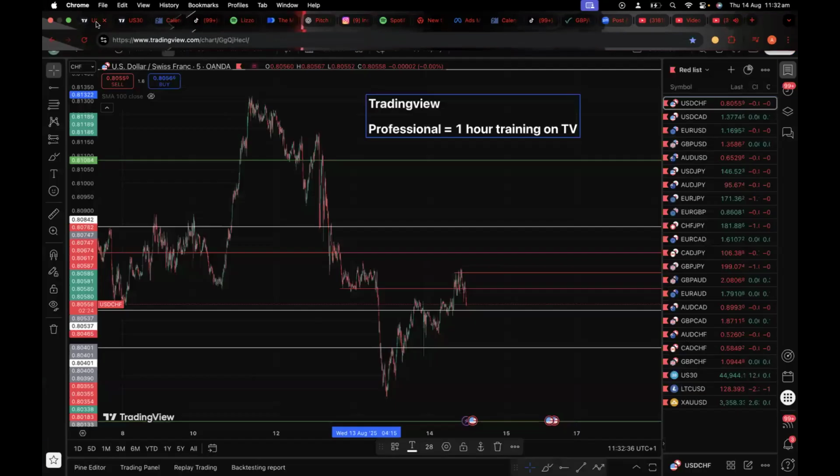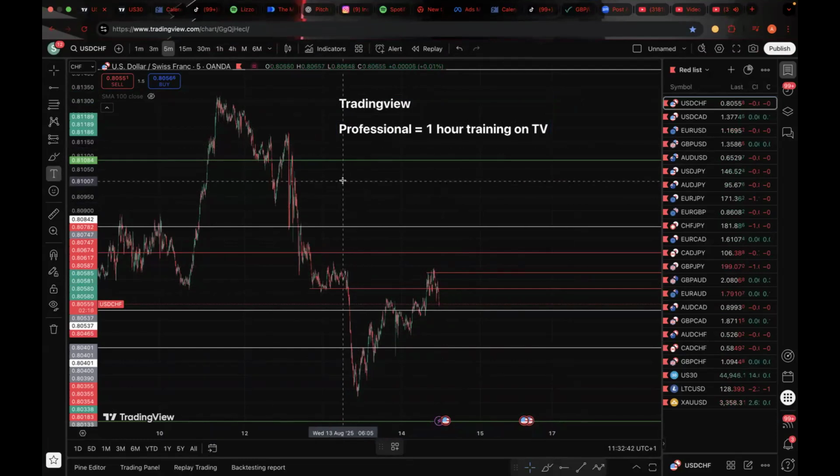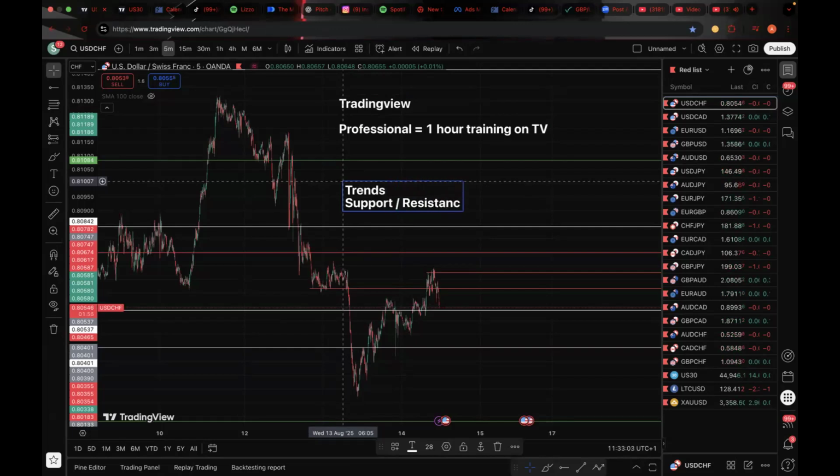So I said I'm going to be teaching support and resistance today. Now, the backbone of price action, because I'm a price action trader, I trade price action, and all my strategies are based on price action. There are three things that price action makes use of: trends, support, and resistance.